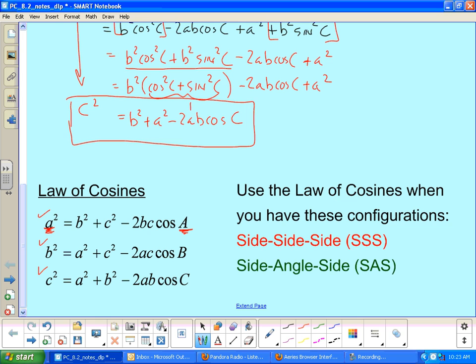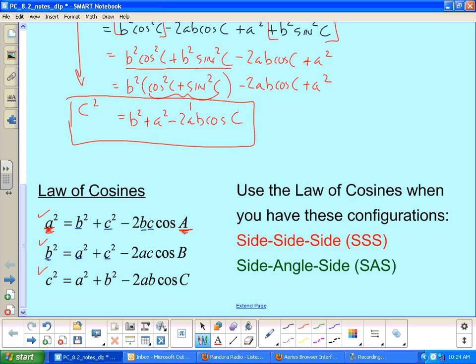You notice this relationship too? I think it helps to remember what it does setup-wise. So if you have a squared that you're looking for, b and c need to be a part of the thing that's attached to the cosine. So look at the second one. I'm looking for b squared.